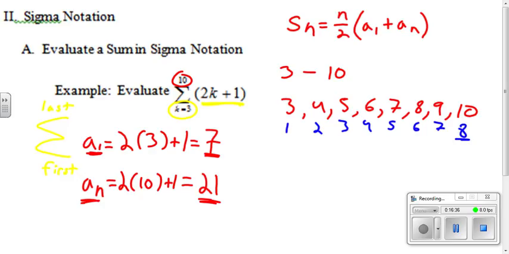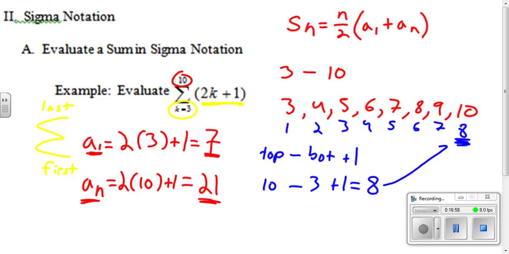There are 8 numbers that we're looking for. Now a quick way to do that is take your top number, in this case 10, minus your bottom number, in this case 3, and add 1. In which case 10 minus 3 is 7, plus 1 is 8, which is the same as what we had there. So now we know that our n equals 8.